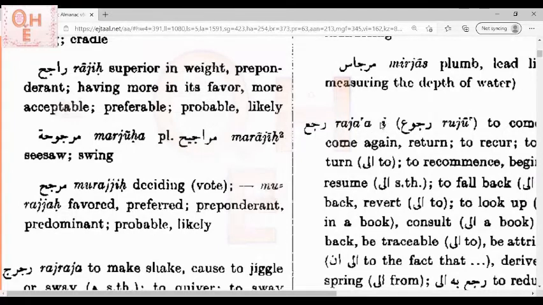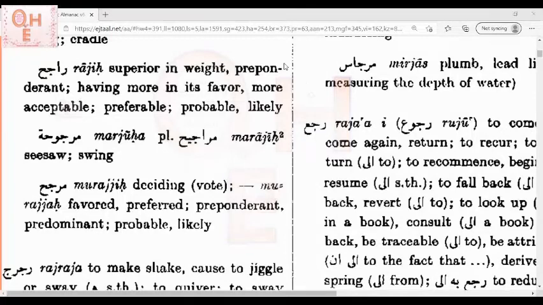And for the present tense, jim will get a kasra: yarji'u. Raja'a, yarji'u. And it means to come back, to return. So we got the information.